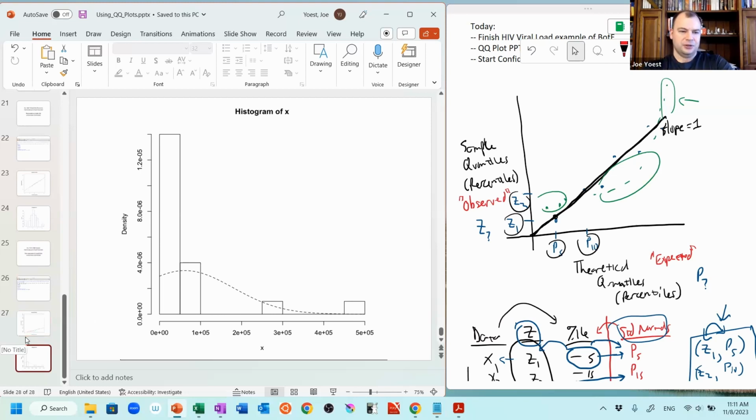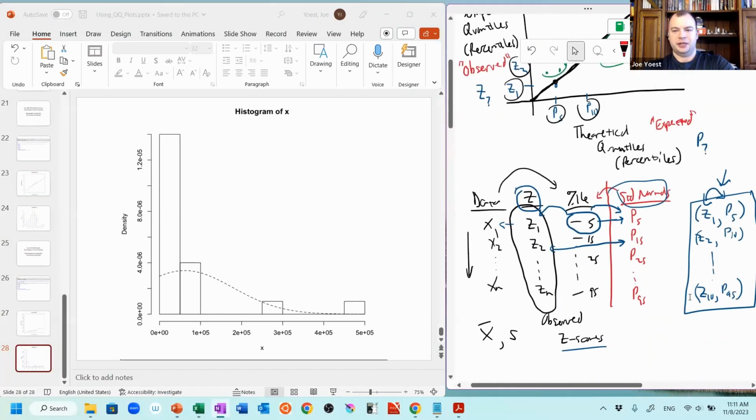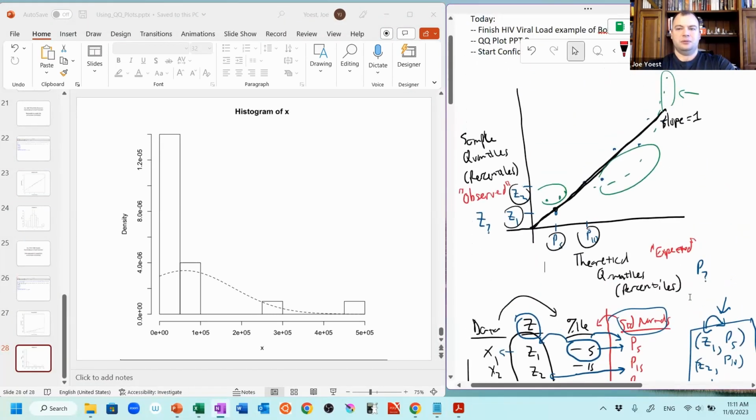So that is QQ plots. One other thing that I would like to note is we've only talked about QQ plots comparing our data to a normal distribution.